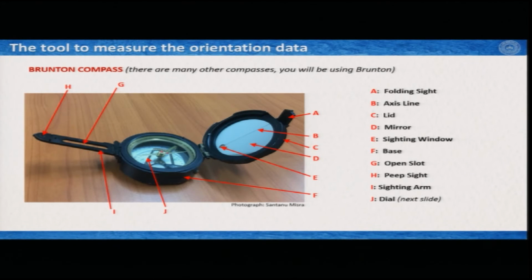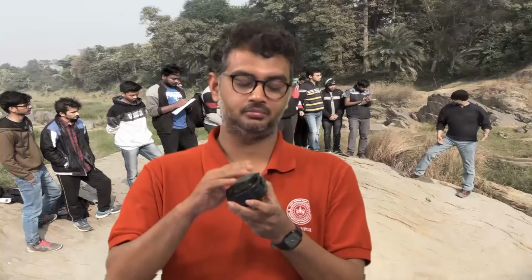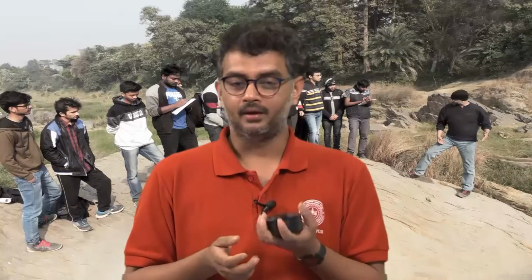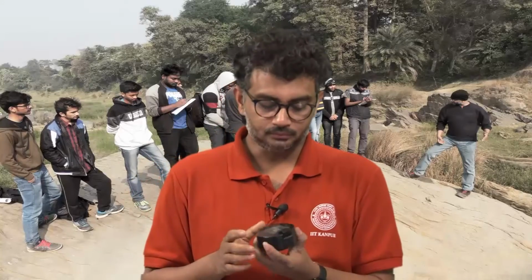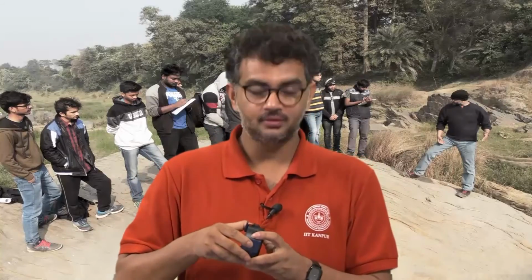So, you have the image here, and a Brunton compass, when it is packed or kept in its original shape, looks like this. It weighs about 50 to 100 grams or something like that, and you can open this compass.